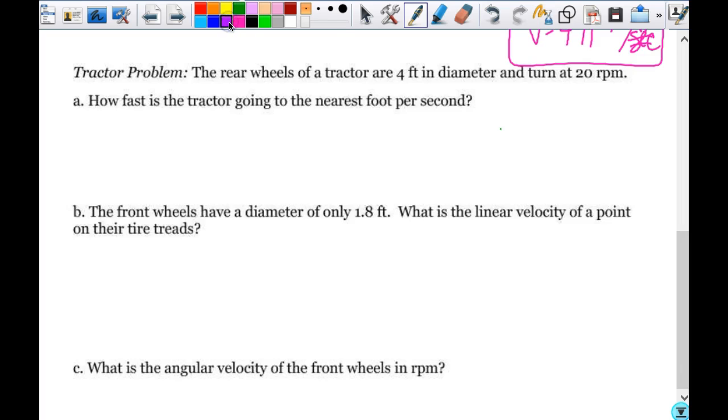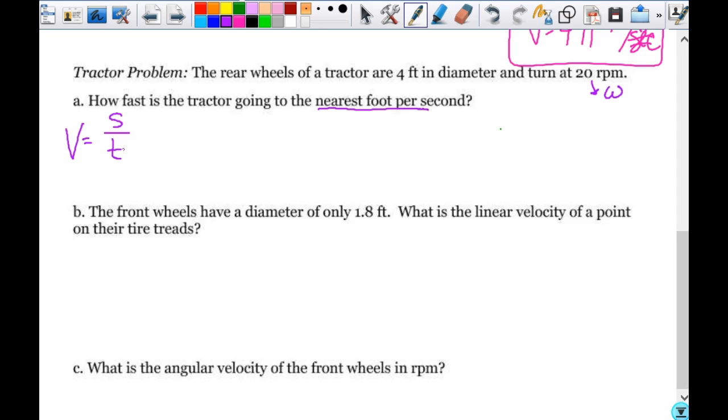So your 20 RPM, this is your angular velocity in revolutions per minute. We are looking for nearest foot per second, which means we need the linear velocity, which is the arc length over the time. Now, in this case, we have the angular velocity. If we just convert it correctly to what we need to convert it to, then we'll be fine.